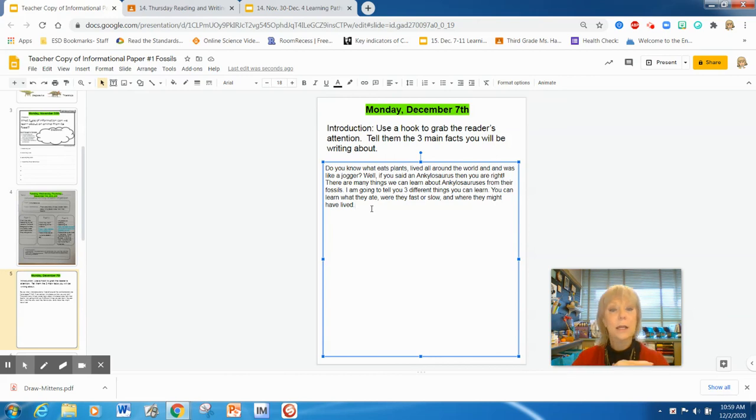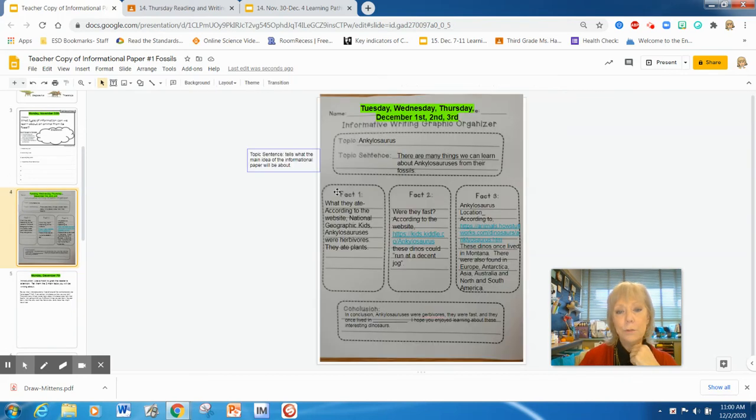So I hope that you take your dinosaur, you refer back to these 3 facts. You are not going to include all this other stuff here. You're just going to include the first thing. You're not going to be including the details here. All right. So that's going to come in the body of your writing assignment.